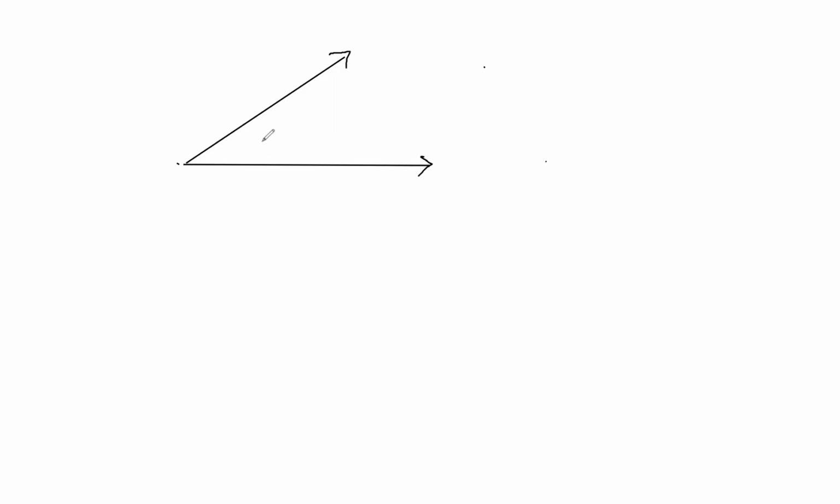Degree measure means using that protractor we can consider in degrees. But in radian measure, we will consider a unit circle with this vertex as a center.